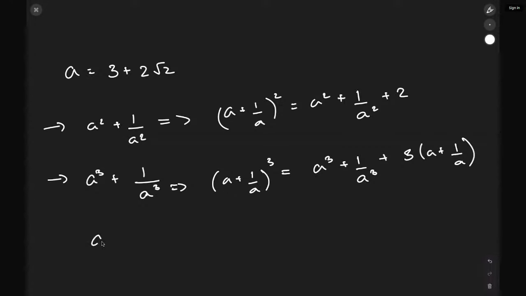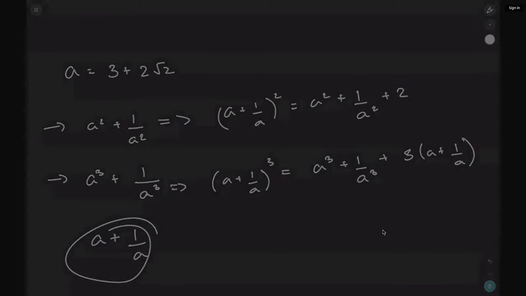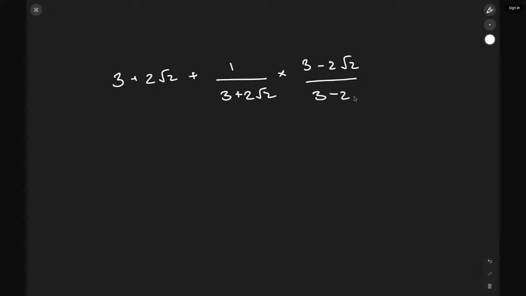So we must find the value of a plus 1 upon a first. I will rationalize this term by multiplying and dividing with its conjugate, 3 minus 2 under root 2.